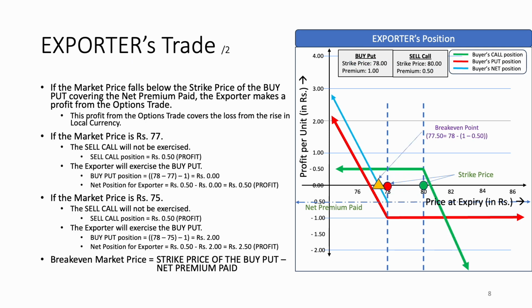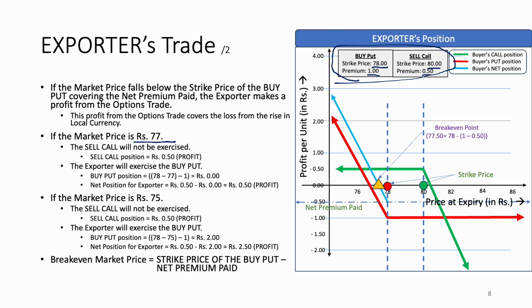Let us now study the payoff position of the exporter under different market circumstances. The first circumstance is when the market price is at 77 rupees, under the example that we have set up: he's buying a put at a strike price of 78 rupees, premium of 1 rupee, and he's selling a call at a strike price of 80 rupees, premium of 50 paise.